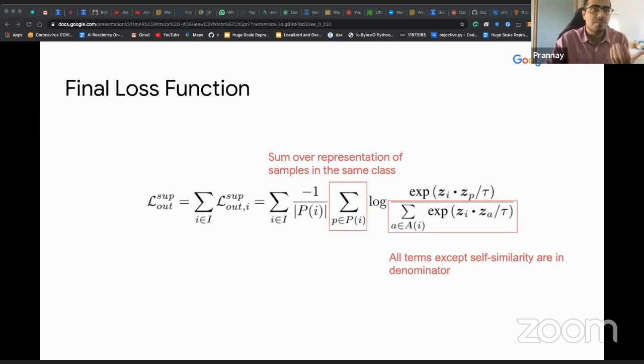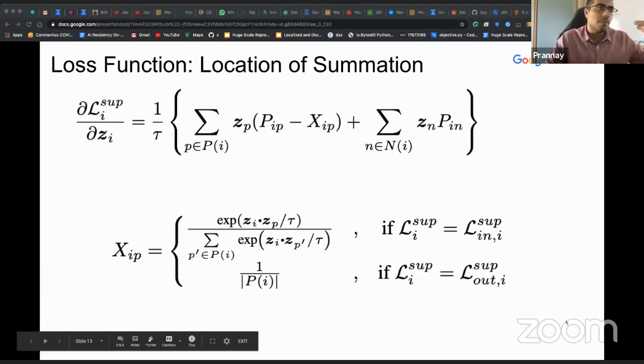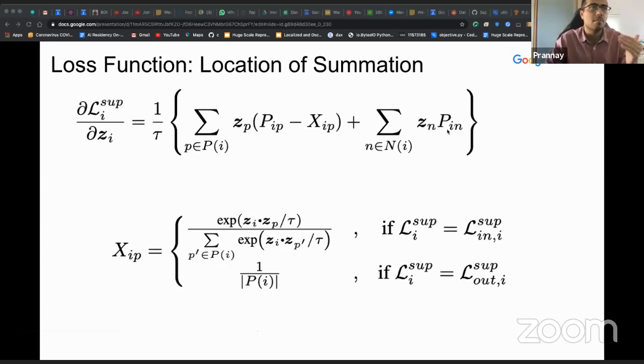So basically what we get down to is that the gradient looks something like the embedding multiplied by the probability, and then a correction term. This correction term for the loss that we actually end up using is 1 of p of I, which says that I will correct for all of those terms equally, and the amount by which I will correct is 1 by the number of positives I have in the batch.